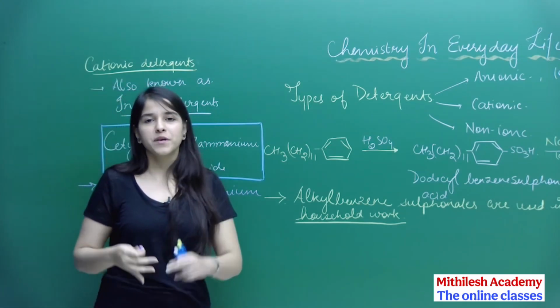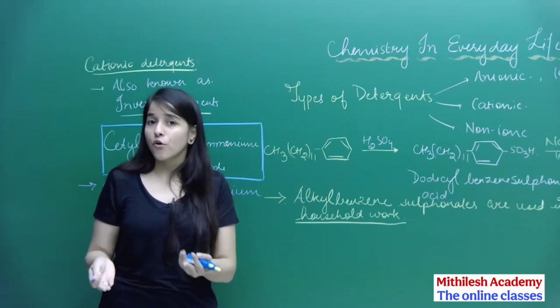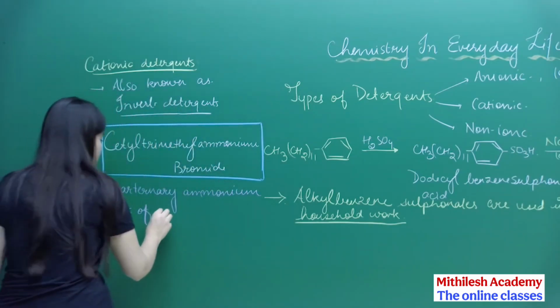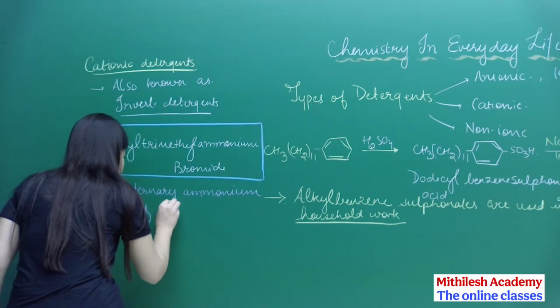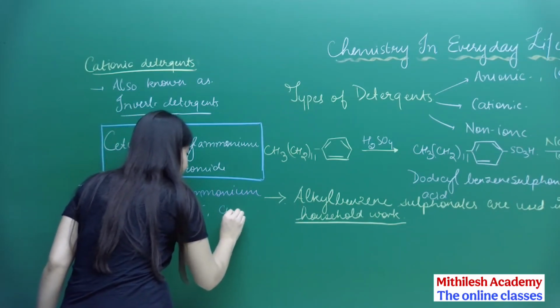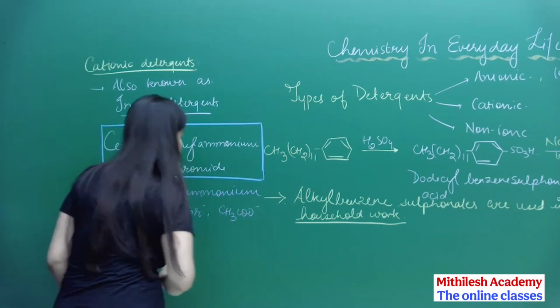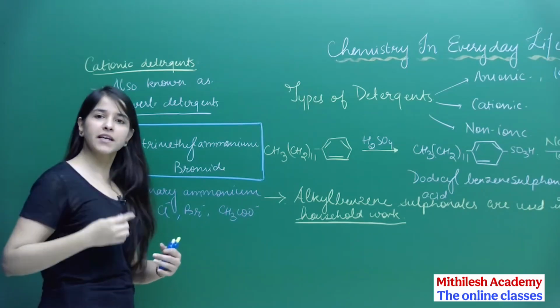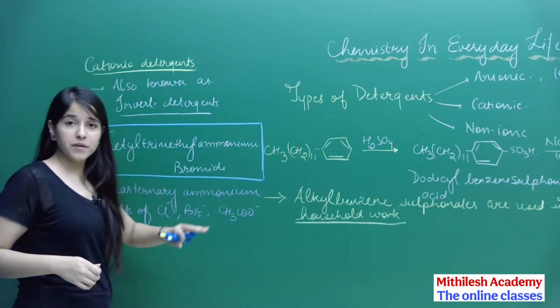So counter ion could be the bromide, the chloride or the acetate. So salts of chloride, bromide or acetate. So these could be the counter ions, and the main ion would be here.